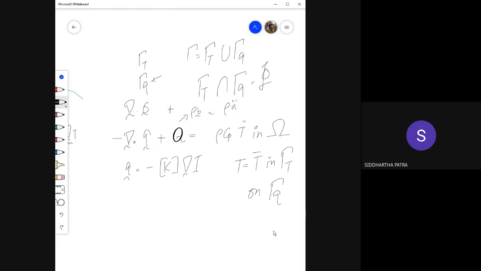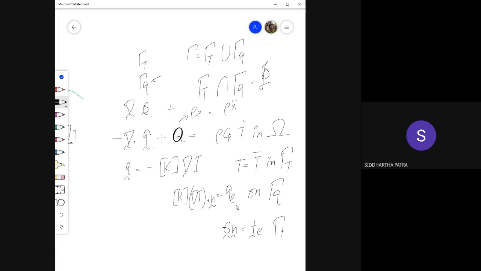We know that on gamma t for the structural problem, sigma times n is some t external, some external traction that has been applied. So that boundary condition we use for the structural problem. Here that boundary condition would be an externally applied heat flux, and that externally applied heat flux is k times gradient of T dot n.